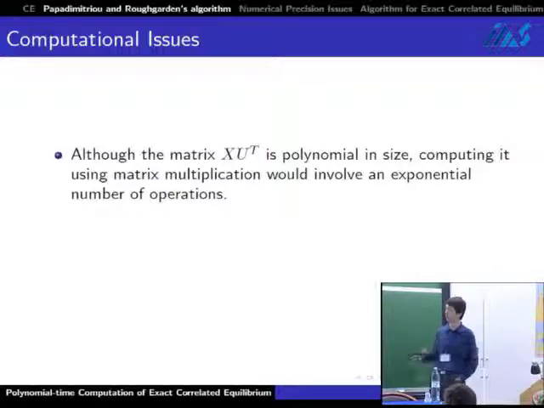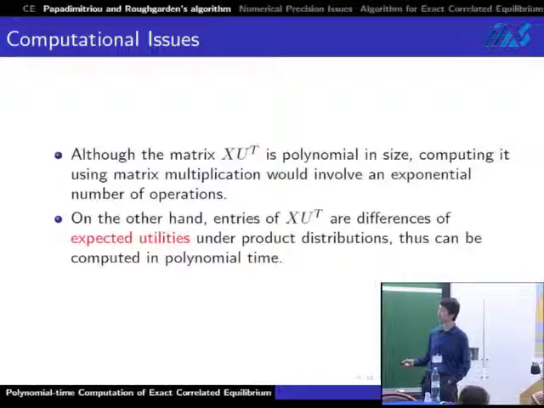So far, all the operations are just polynomial time operations, except that although the matrix XU transpose is polynomial in size, actually computing it using matrix multiplication would involve exponential number of operations, because the inner dimensions would be exponential. Nevertheless, they observe that the entries are actually just differences of expected utilities under product distributions. And since we assume that we have this algorithm for it, we can compute it in polynomial time.